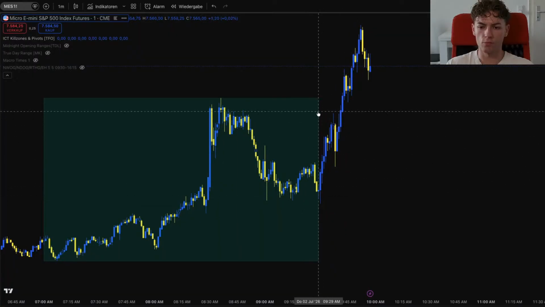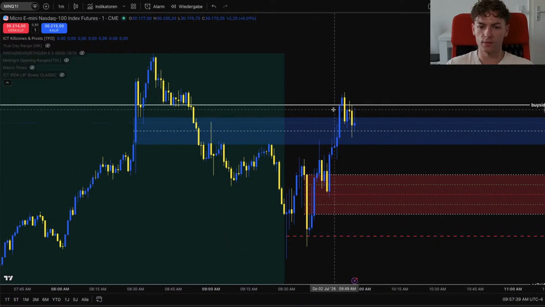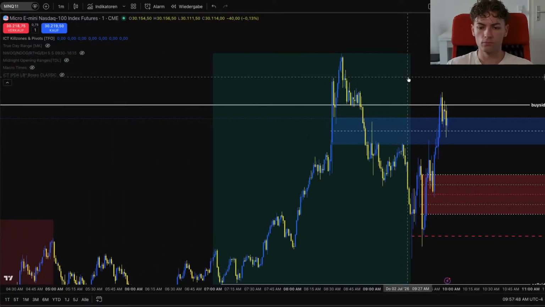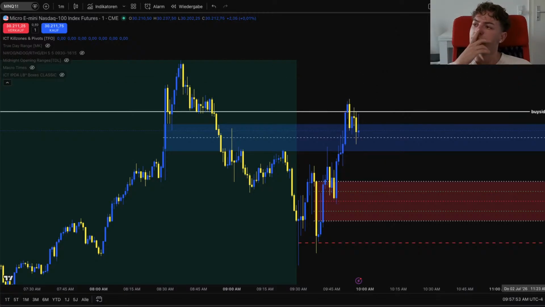We're just moving, Nasdaq, we are staying kind of reluctant, sharing the range of the previous candle's range. Bro, daily chart's difficult to read right now. Yes, it looks pretty bullish.